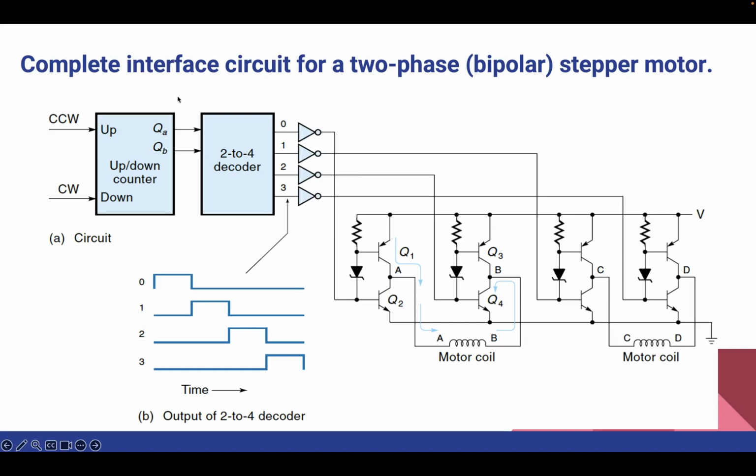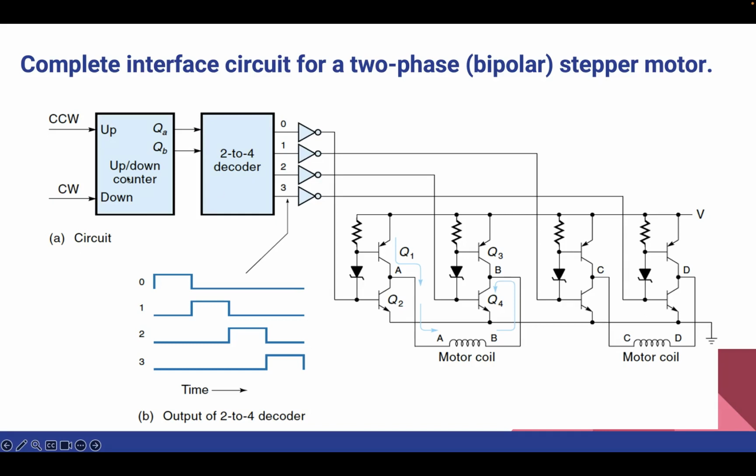In this we will dive into the complete interface circuit of the two-phase stepper motor, and we can see this circuit has an up and down counter and a 2 to 4 decoder. Together they generate the crucial timing waveform which is necessary for controlling the stepper motor's movement.